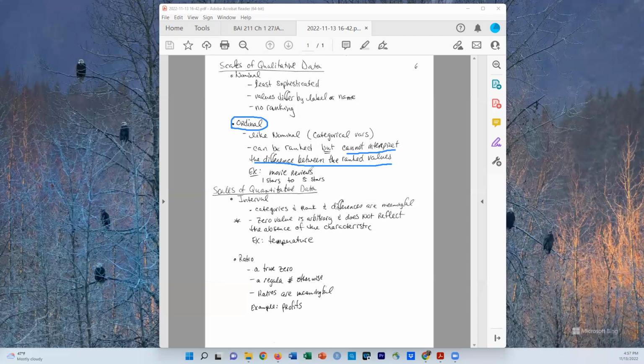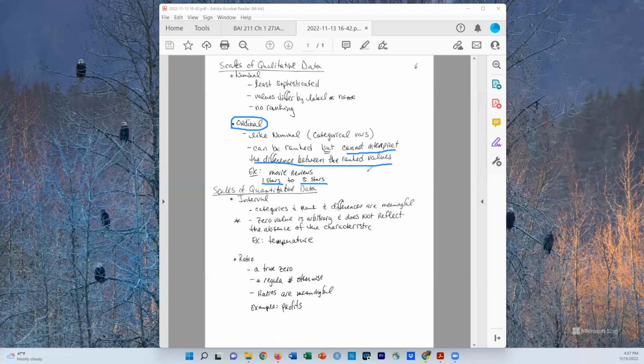So for example, movie reviews, you could have 1 star to 5 stars, but you don't really know what the difference is between a movie that's got 4 stars versus 5 stars. There's no way to give that a number.